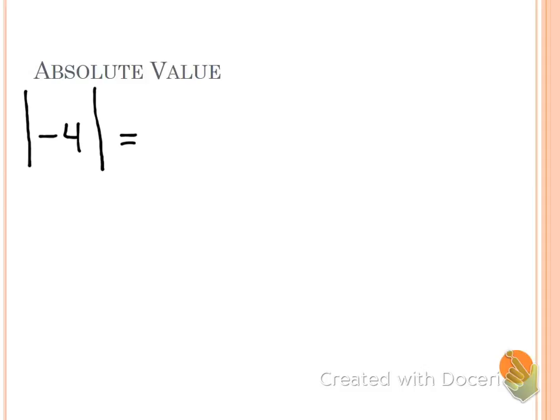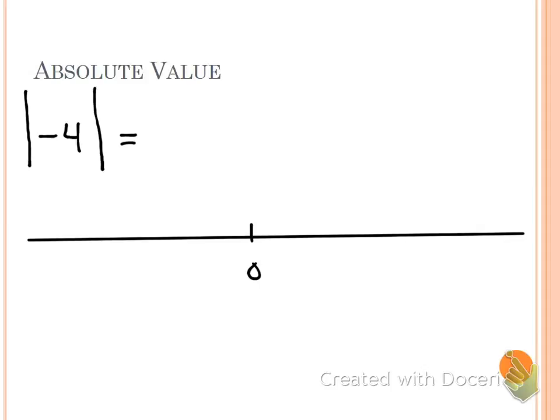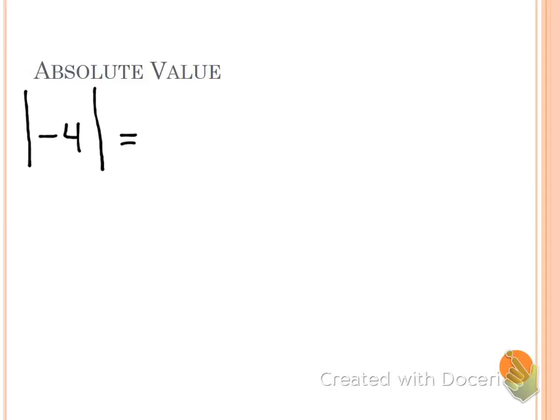So on a number line, guys, it doesn't matter necessarily that negative 4 is way over here. It wants to know how many units it is away from 0. 4. It's the number without a sign. Okay, so absolute value of negative 4 is just 4.